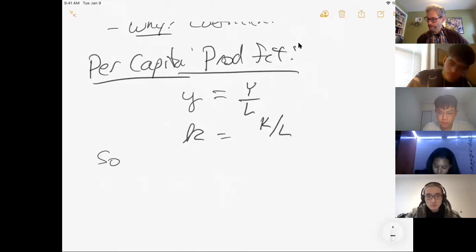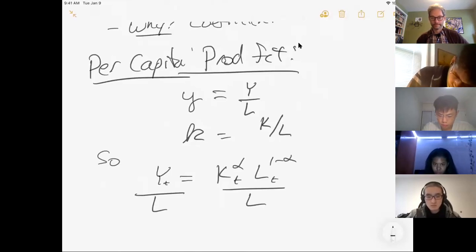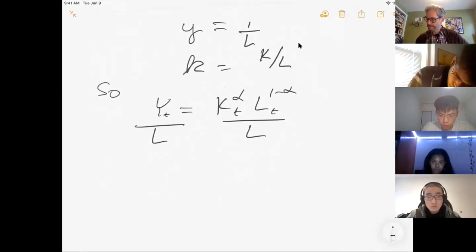So if we go back to our production function, let's divide each side by L, okay, to write this in per capita terms. What do we get?